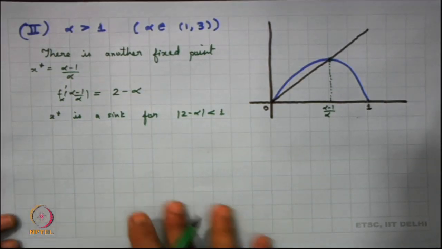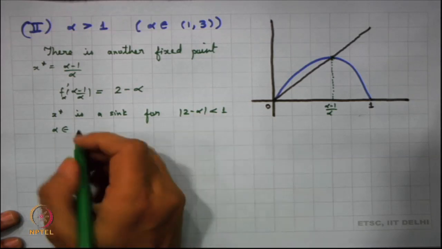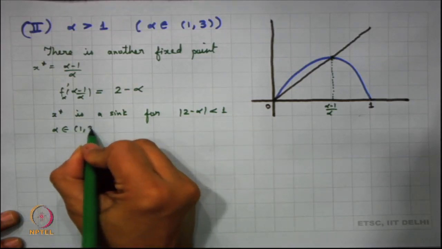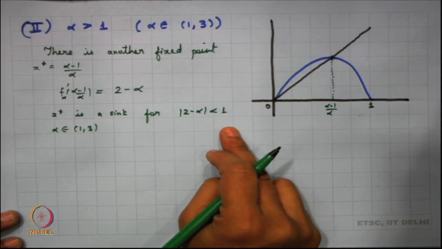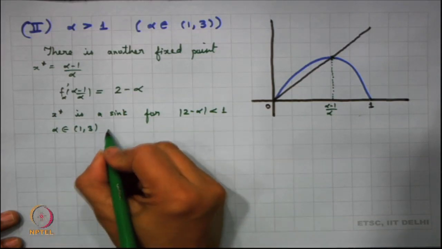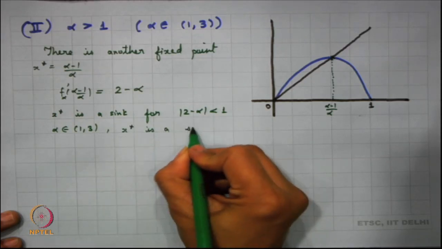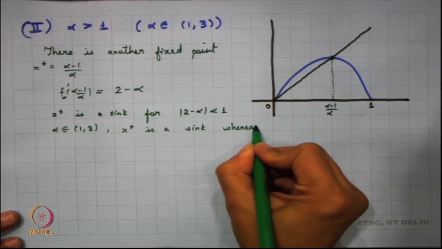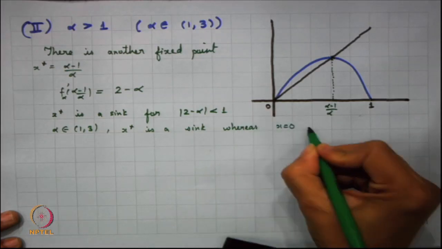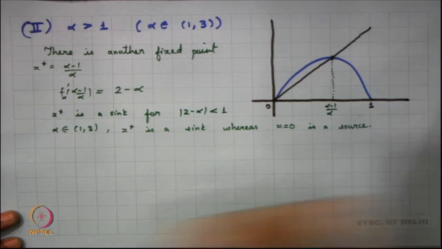So, if my alpha belongs to (1, 3), in that case this inequality will be satisfied. So, if alpha belongs to (1, 3), then x star is a sink, whereas x equal to 0 is a source. So, I have two fixed points here, one is a sink, the other is a source.